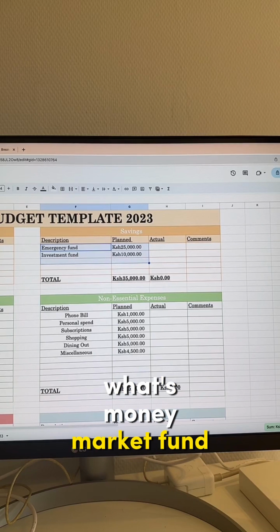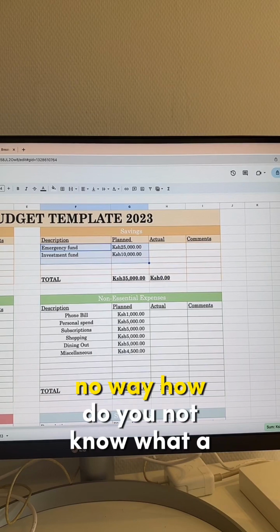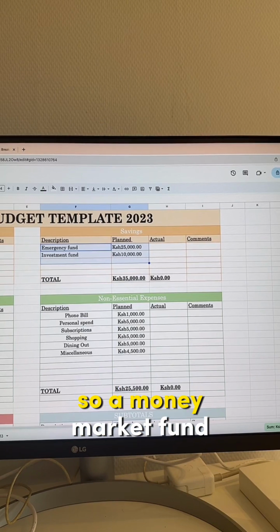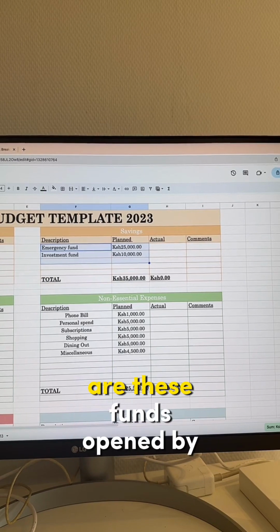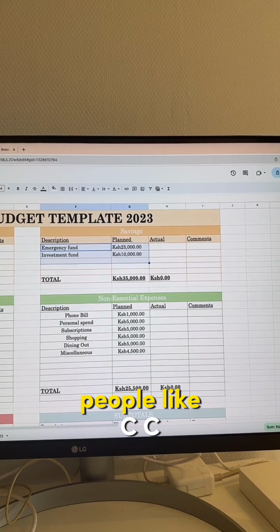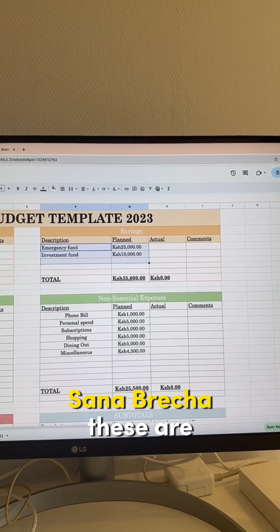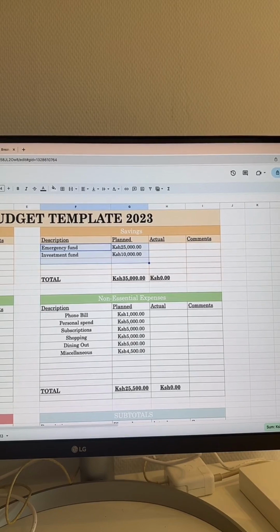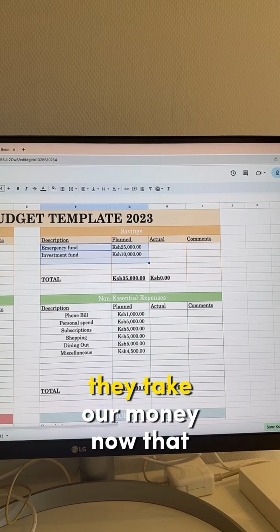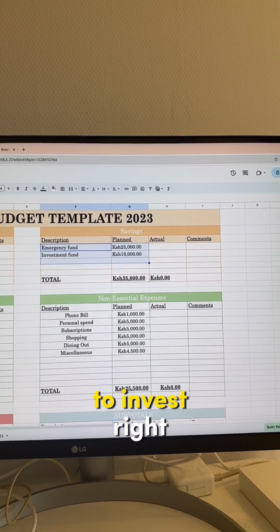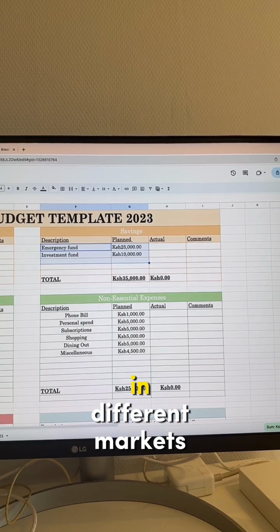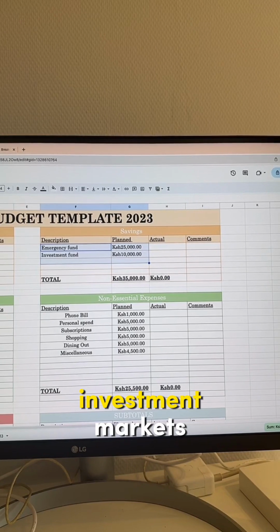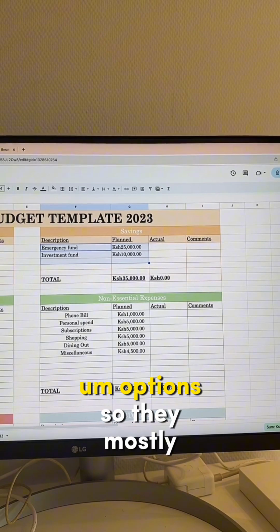Signage supplies asks, what's a money market fund? Please explain. No way. How do you not know what a money market fund is? So money market funds are funds opened by companies like CIC, Sanlam, Britam. They take our money, now that we've given them our money to invest, in different investment market options.